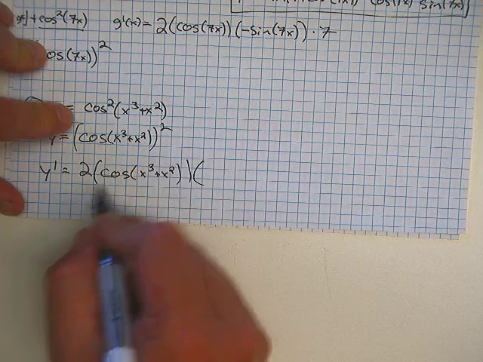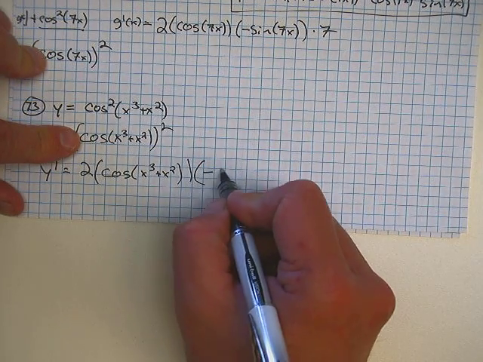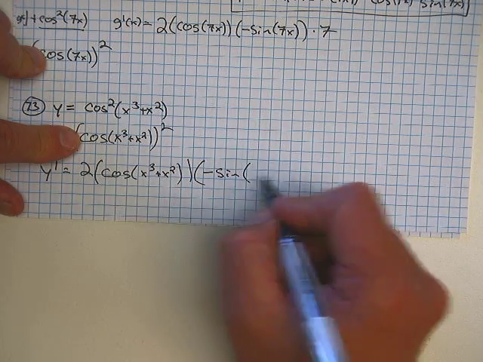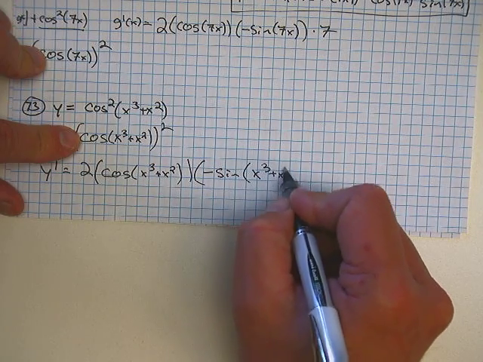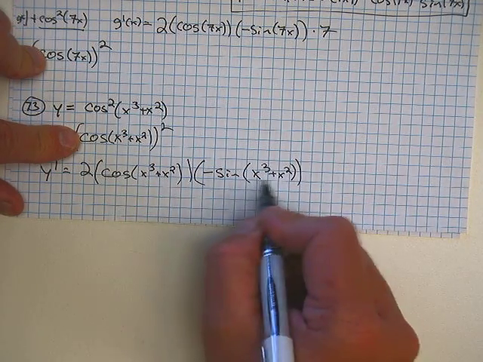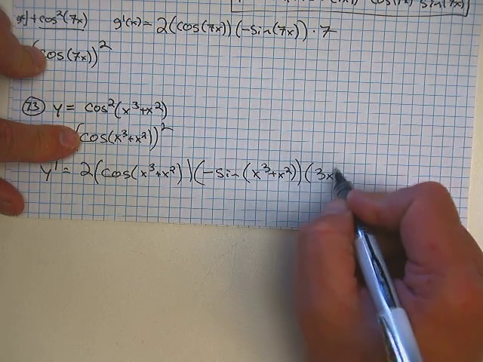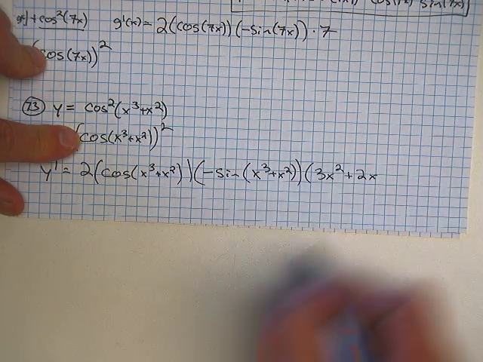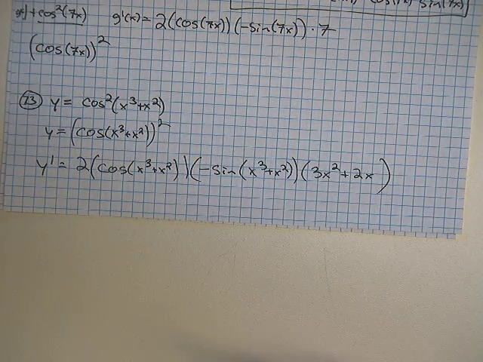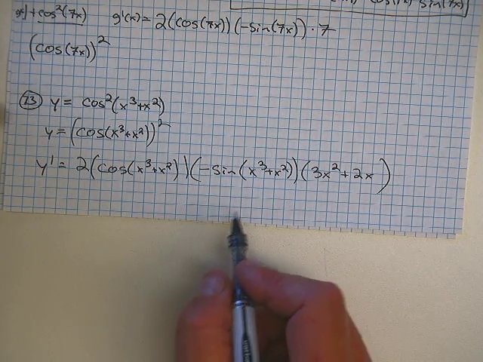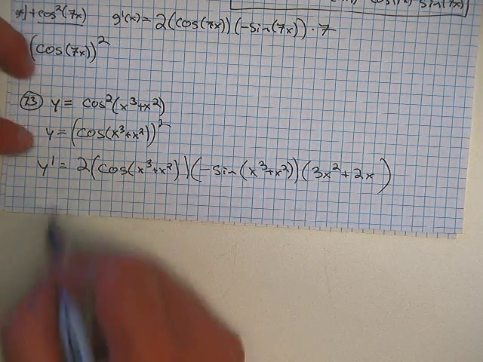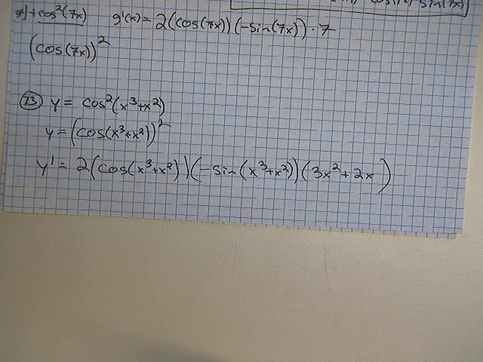Now, times the derivative of the inside. The derivative of cosine is negative sine. The inside stays the same, x cubed plus x squared, times the derivative of the inside of that, which is 3x squared plus 2x. And there's your answer. I get we could pull this negative and this 2 out in the front, and we're good.